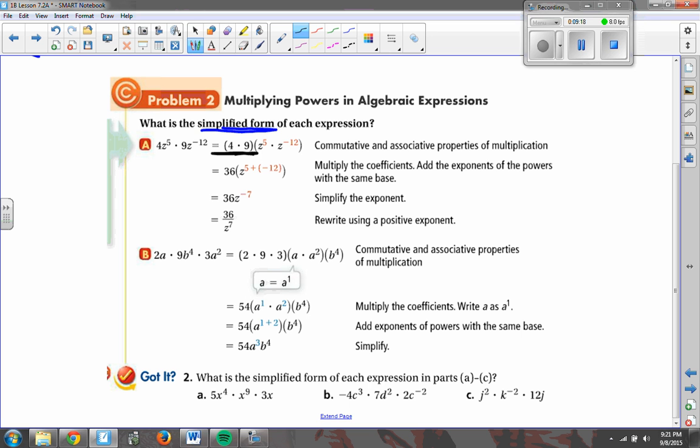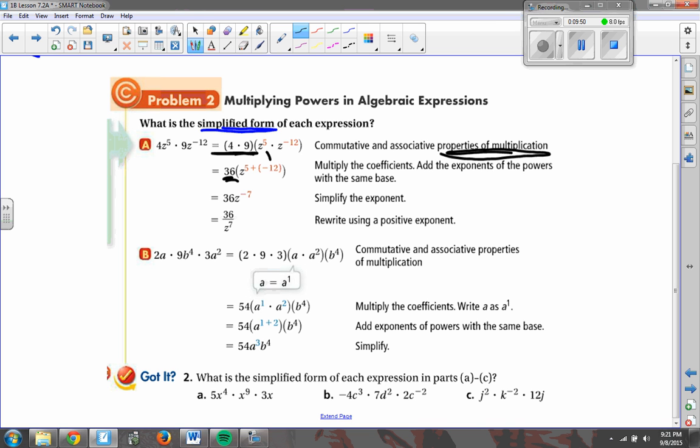So that's exactly what they've done here. They've used these two properties of multiplication, and they have moved the numbers to the front and the z's to the back. Now, 4 times 9 should be easily 36 for you. Hopefully that part is straightforward. The other part is going to be very much like what we did in problem 1, except now instead of having a number to a power 2 different times, now we have a z to that power 2 different times.